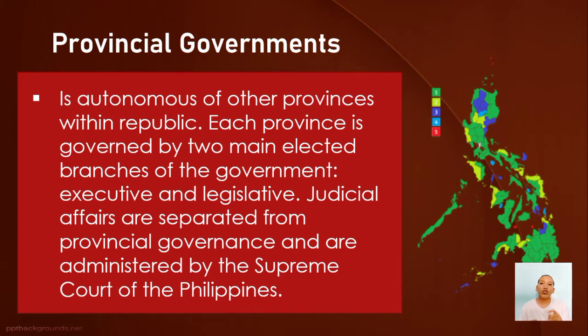The judicial affairs are separated from provincial governance and are administered by the Supreme Court of the Philippines. This is under the DILG, which supervises and controls their respective provincial and sub-provincial jails.